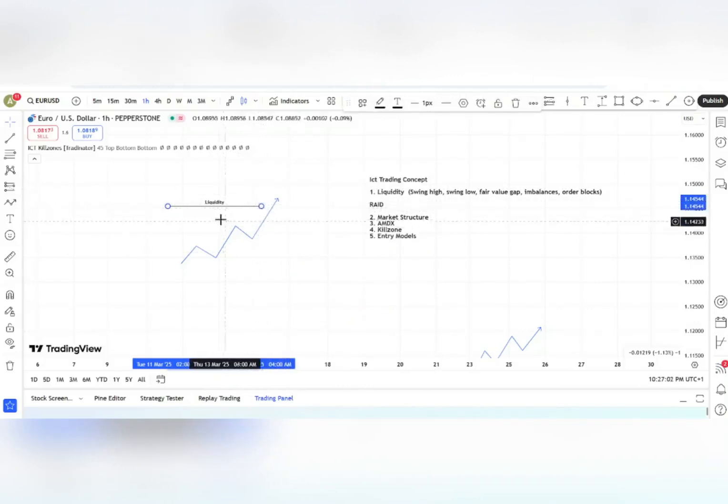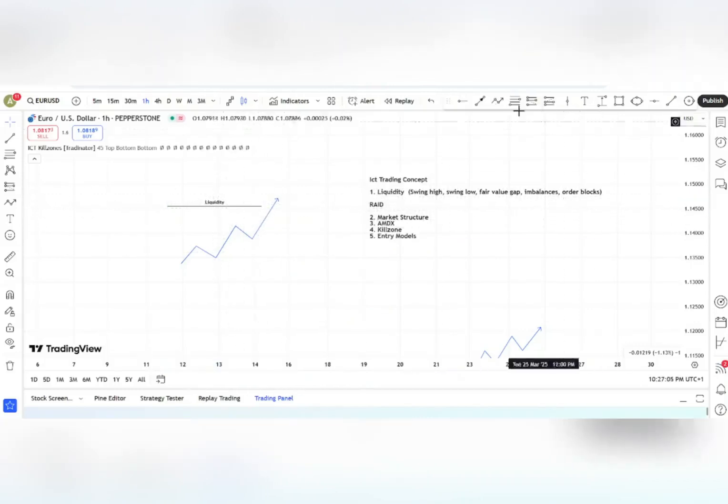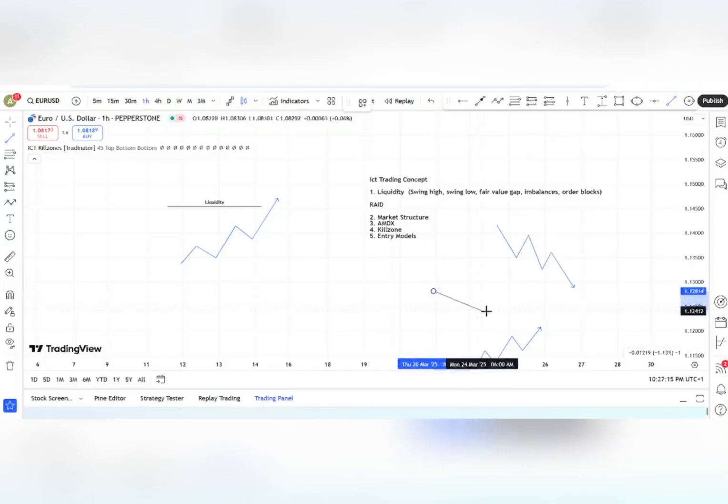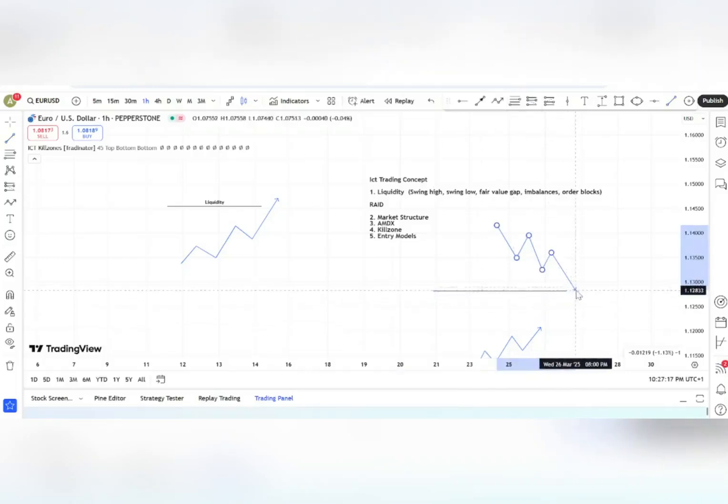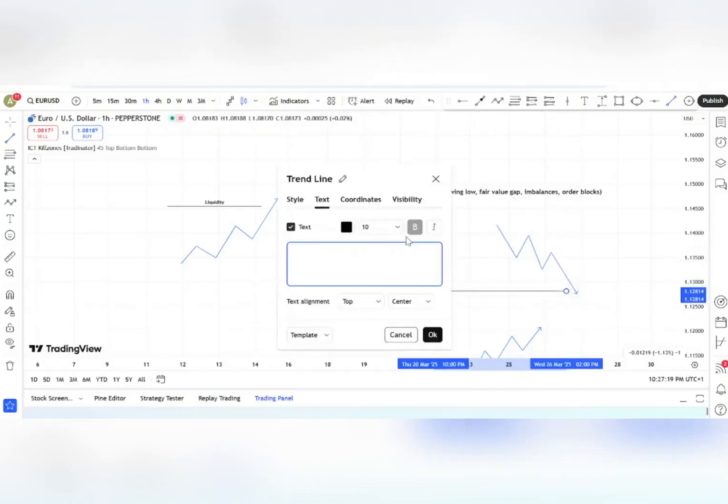At the same time, if a market is selling, there's a sell side liquidity it is going to raid. I'm saying raid now, and I've not explained raid, so we'll look at this.